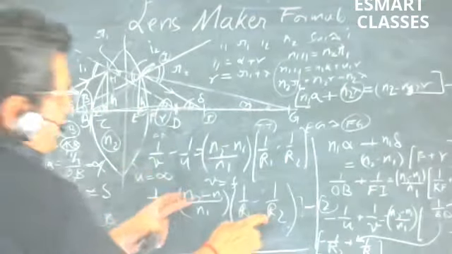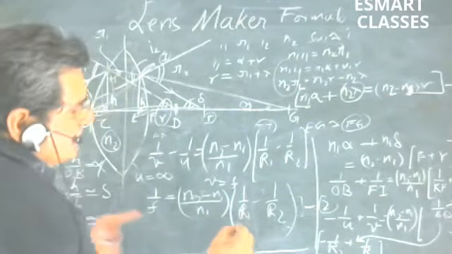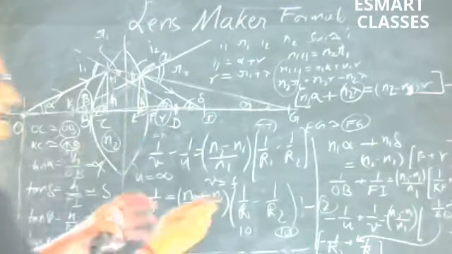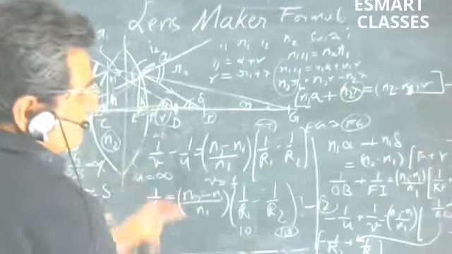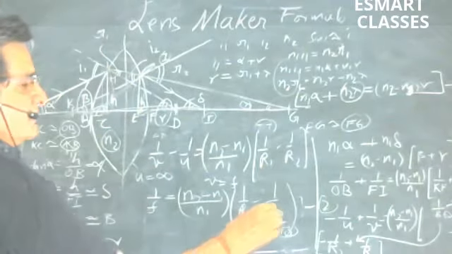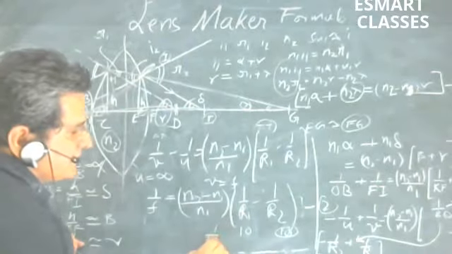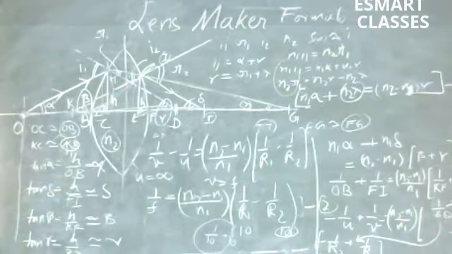When you put R2, it will be negative. So these two will be effectively added. If R1 is 10 and R2 was 10, I'll say the radius of both the surfaces is same, but value of R2 when you put in this equation, you have to put as a negative. With sign you have to put. So it will become 1 upon 10 plus 1 upon 10. So it will be positive, which is the case with the convex lens.